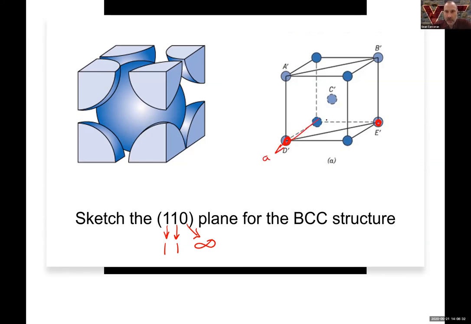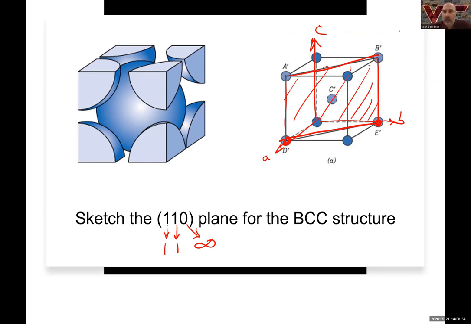We call this our A, our B, and our C directions. And so I've got those two intercepts. And then since it's parallel to the z, my plane looks like this. So that's the plane we're going to sketch.